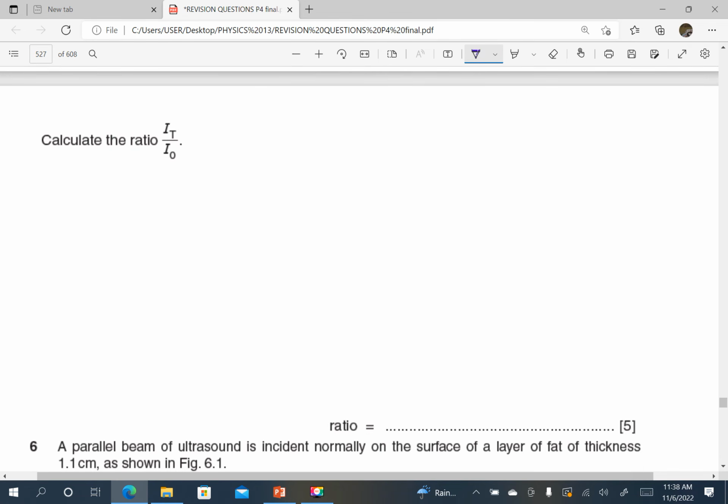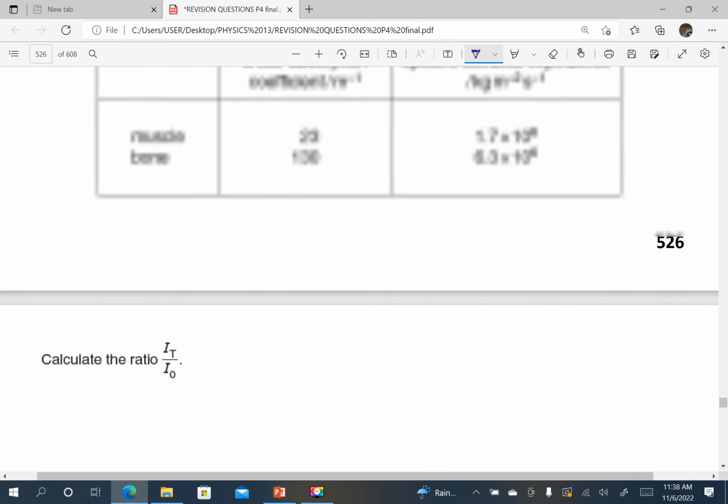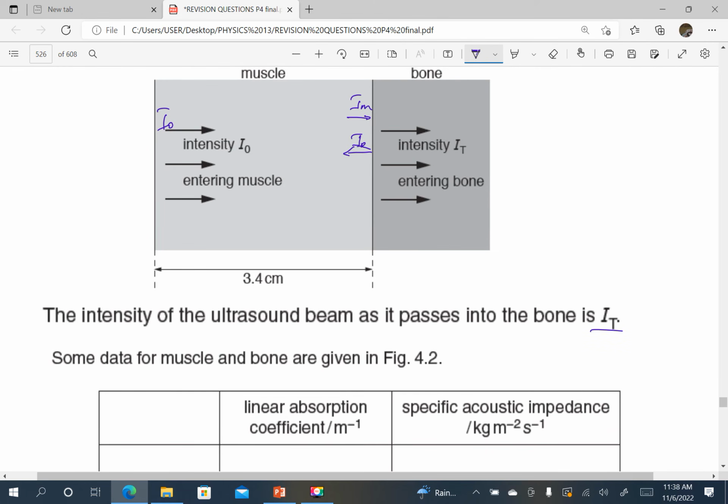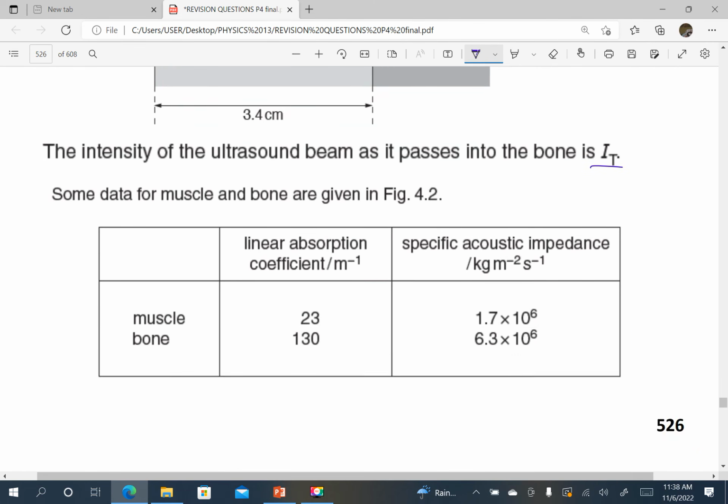That is the ratio of the intensity transmitted through the bone over the intensity which is incident on the surface of muscle. So when it goes through the muscle, what is transmitted through the muscle, I call it Im.